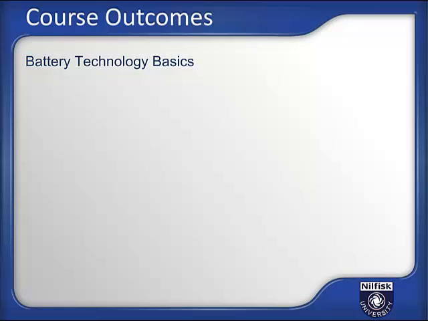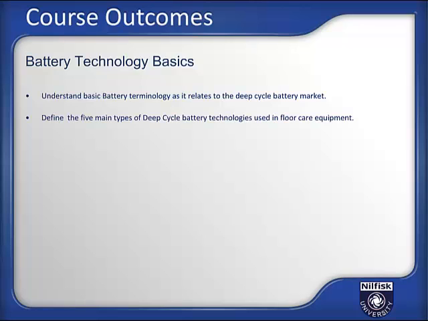Thank you for participating in Battery Technology Basics. If you have successfully retained the information in this lesson, you'll be able to understand basic battery terminology as it relates to the deep cycle battery market. You'll be able to define the 5 main types of deep cycle battery technologies used in floor care equipment.